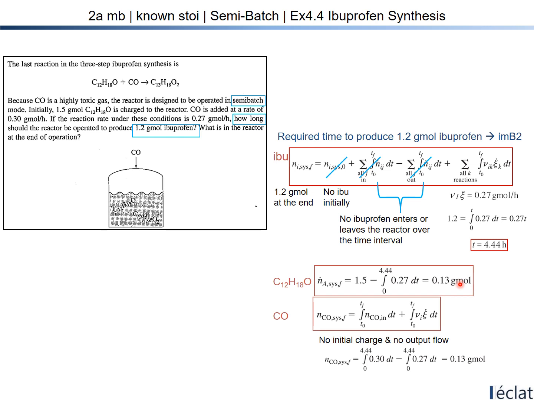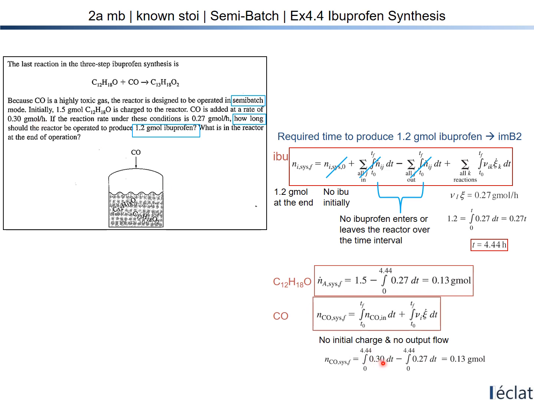How about carbon monoxide? The same. The final amount of carbon monoxide is equal to the input, yes we have, minus output, nothing there, plus generation. We have introduced about 0.3 gram mole per hour of CO2 into the reactor.